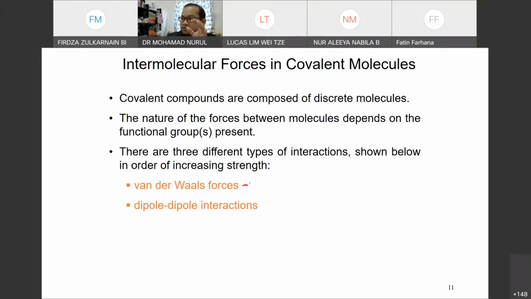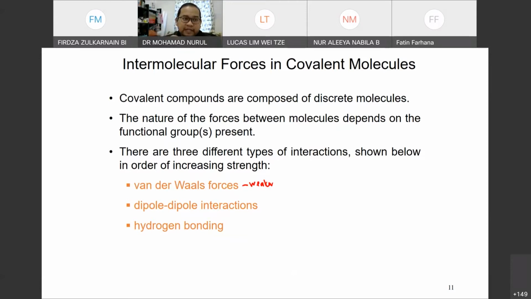Then dipole-dipole interactions. If the compound has electron deficiency in some parts and electron clouds in others, meaning it has more electronegative atoms, it probably has dipole interactions. The last one is hydrogen bonding.